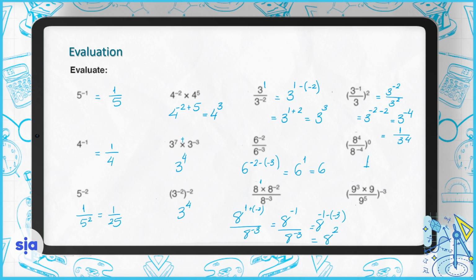In the last expression, this 9 is to the power of 1, so it will be 9 to the power of 3 plus 1 minus 5, all to the power of negative 3. So it's 9 to the power of negative 1, all to the power of negative 3. Then the result is 9 to the power of 3.